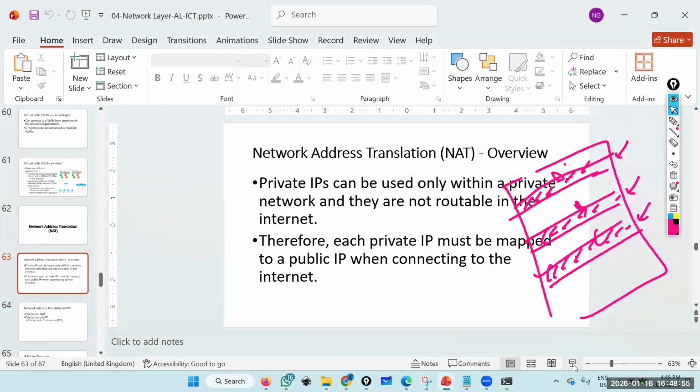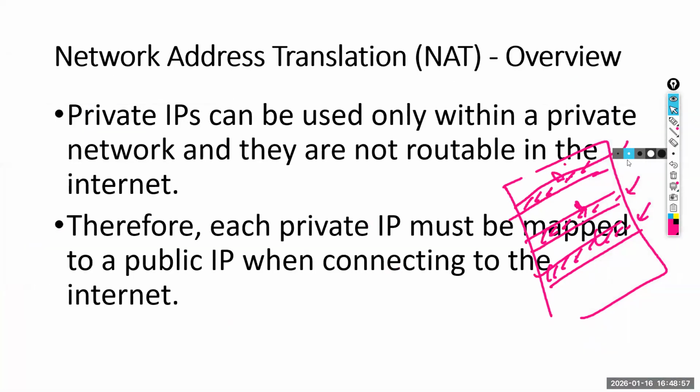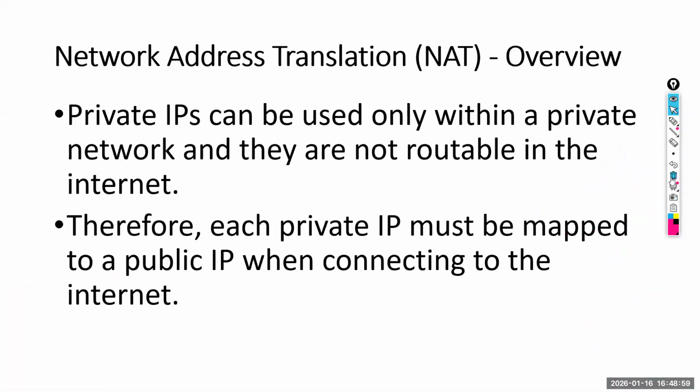But again, don't try to understand this 100%, because it takes a lot of time and it's not necessary for you at A levels to fully understand how this translation is done. The only thing you need to understand is there are private IP addresses, there are public IP addresses, and there's a mapping mechanism between private and public, which is done by your network server or router.